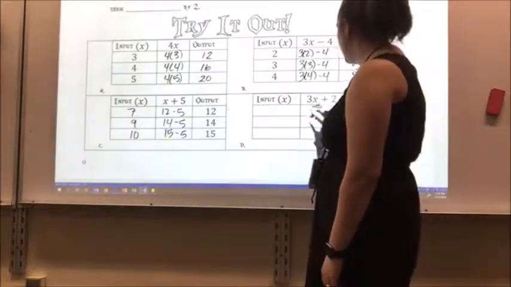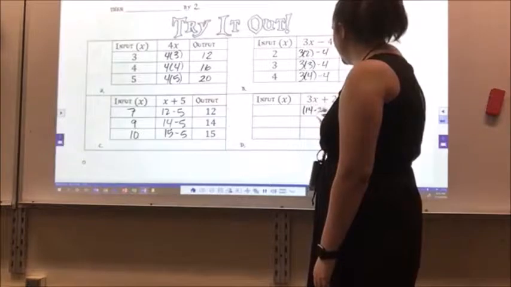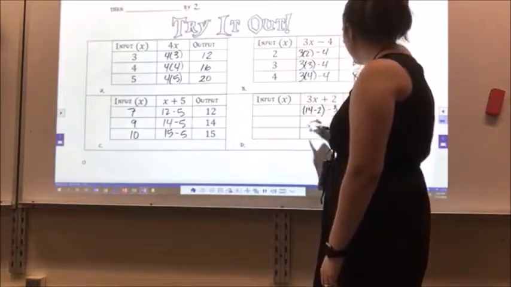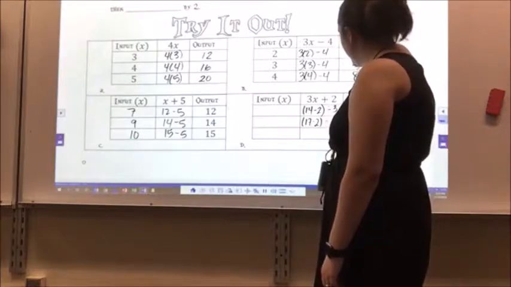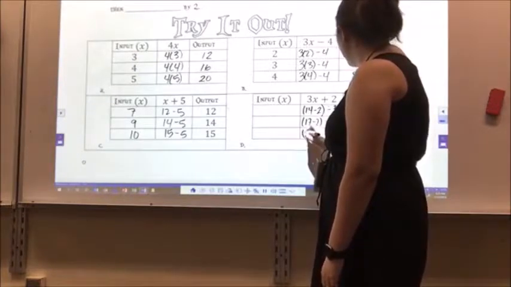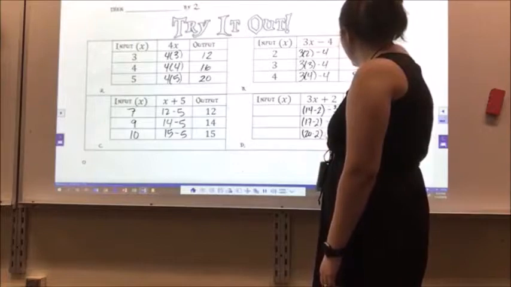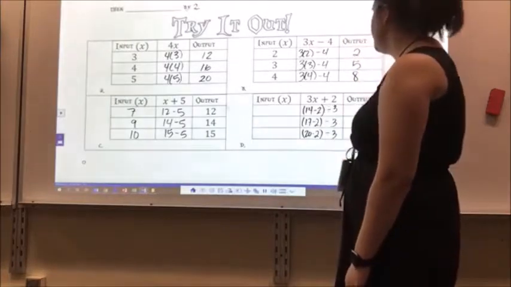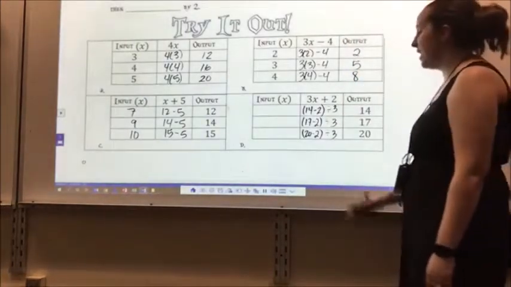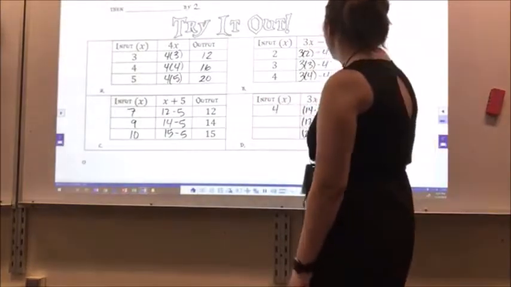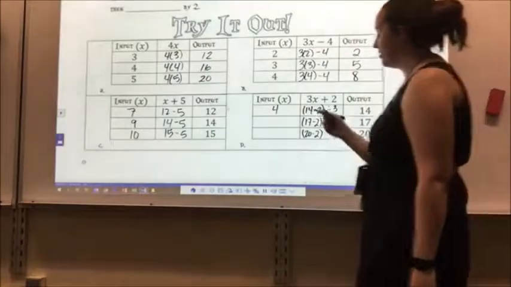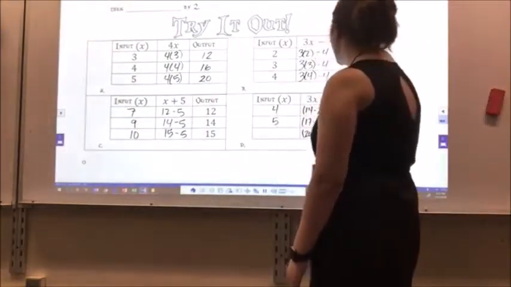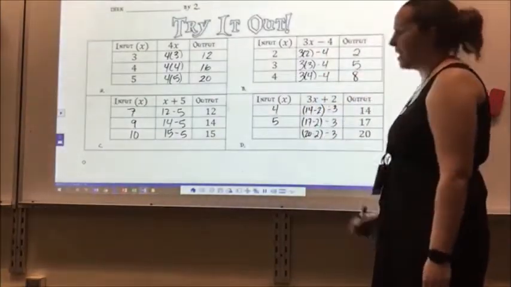So I need to do 14 minus 2 divided by 3, 17 minus 2 divided by 3, and 20 minus 2 divided by 3. 14 minus 2 is 12, divided by 3 is 4. 17 minus 2 is 15, divided by 3 is 5. 20 minus 2 is 18, divided by 3 is 6.